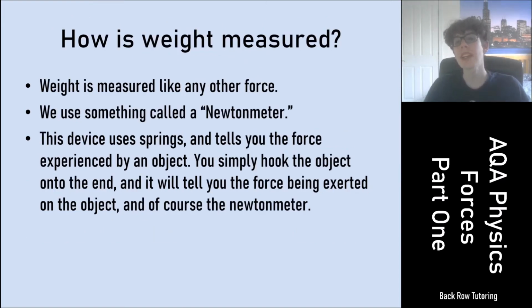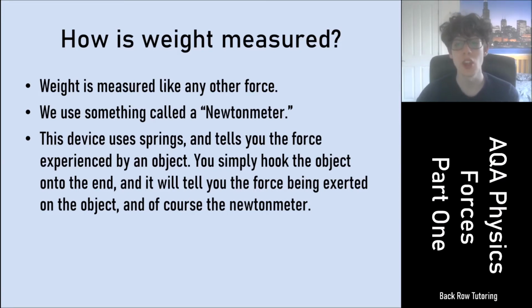So weight is measured like any other force. We use something called a Newton meter. This device uses springs and tells you the force experienced by an object. You simply hook the object onto the end, and it will tell you the force being exerted on the object.